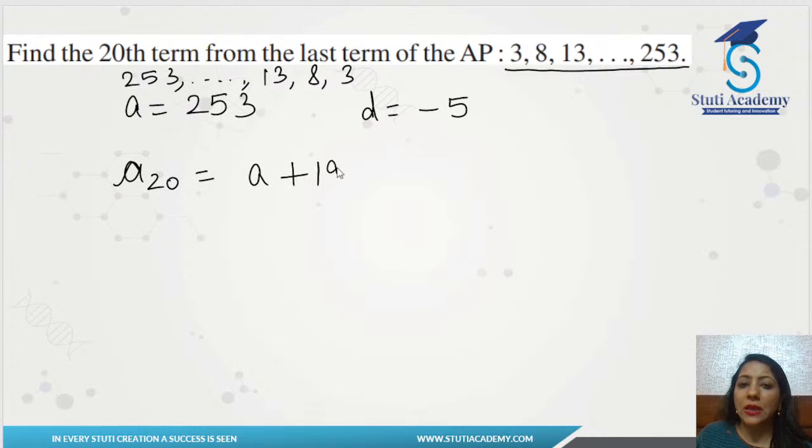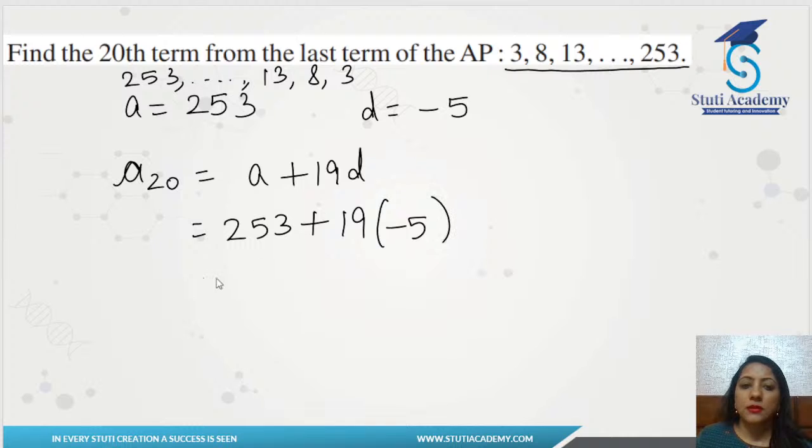The 20th term is given by A plus 19D. That is 253 plus 19 into minus 5. We take this new A and new D, not from the original AP, but from the new AP where we've reversed the AP and changed the sign.